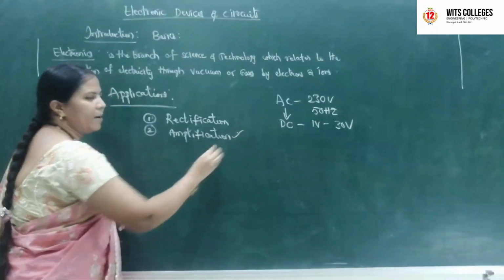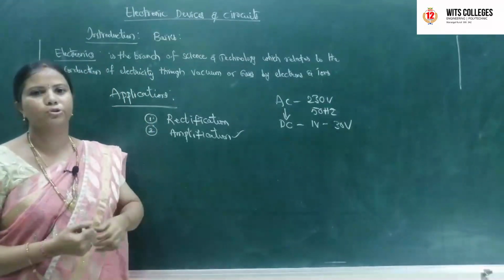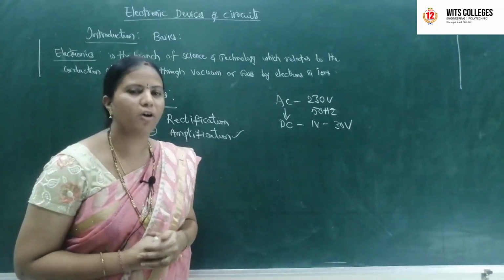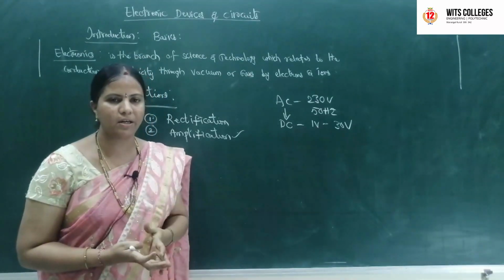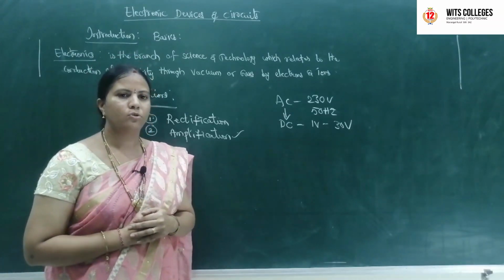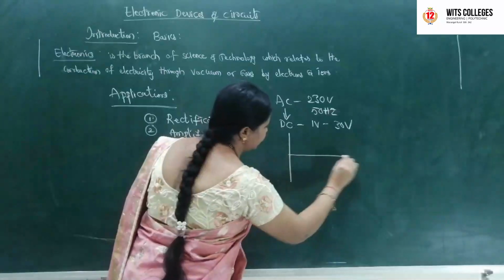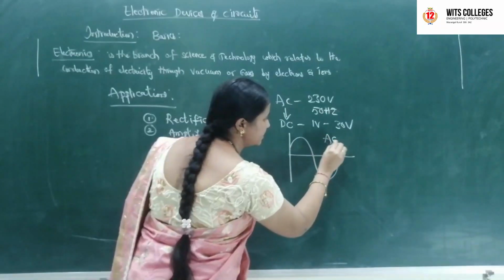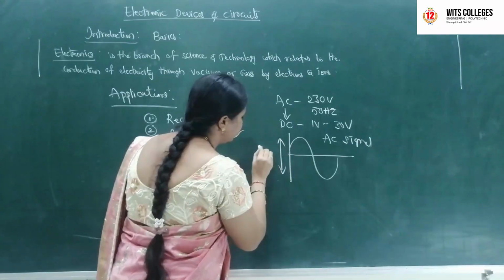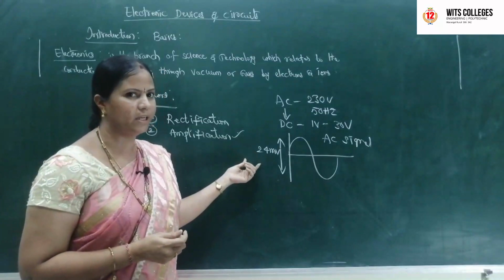So what is the meaning of amplification? Amplification is nothing but it is used to increase the strength of the signal, a small signal or weak signal. So if you give a small amount of signal, that is, if the AC signal is like this, and this signal has a voltage of 24 millivolts. 24 millivolts means it is a very small amount of signal.